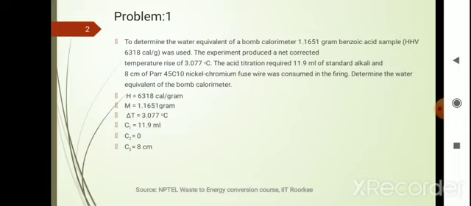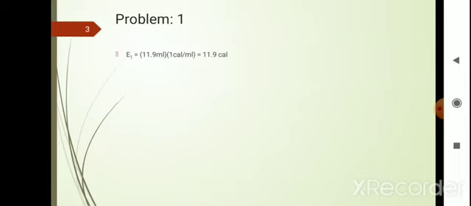Now we have to use the equation. Before that, these will be the error correction factors. Capital E1 is C1 itself, C1 calorie, that means 11.9 calorie. And for E2 we have the equation 13.7 into C2 into M, but C2 is 0 here, so E2 will also be 0.